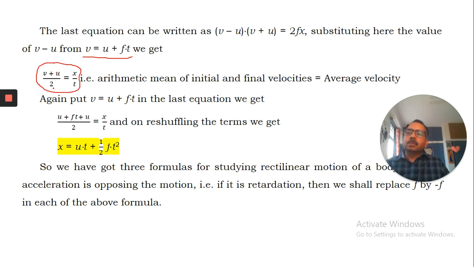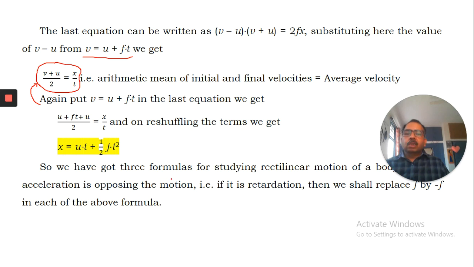So again put v equal to u plus ft in the last equation. If we put v equal to u plus ft here, we get u plus ft plus u by 2 equal to x by t. And this is 2u and this 2 cancels, u plus ft by 2, cross multiplying by t, we get x is equal to ut plus half ft square.